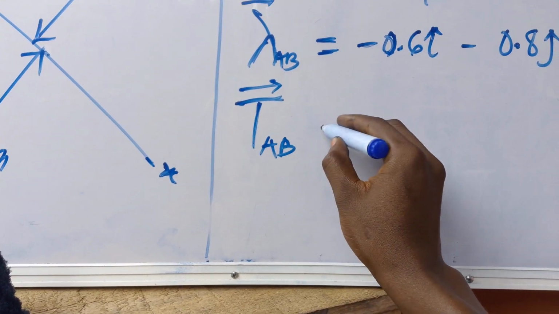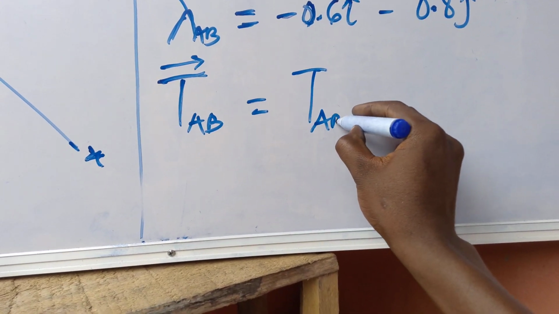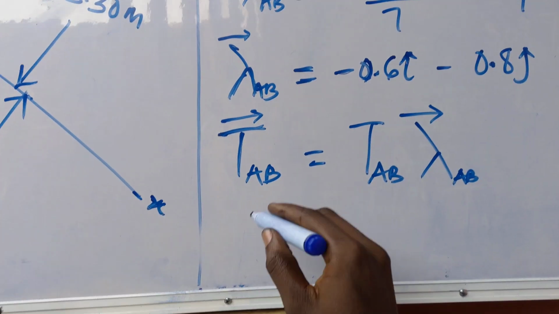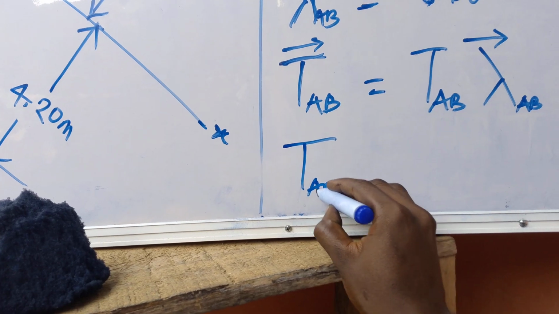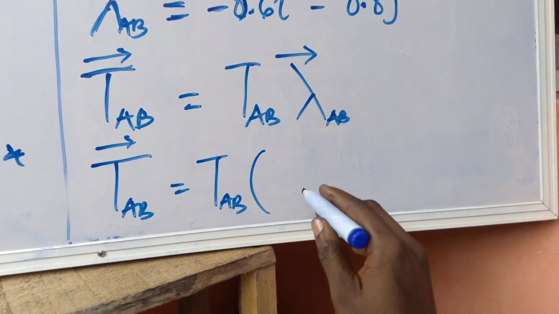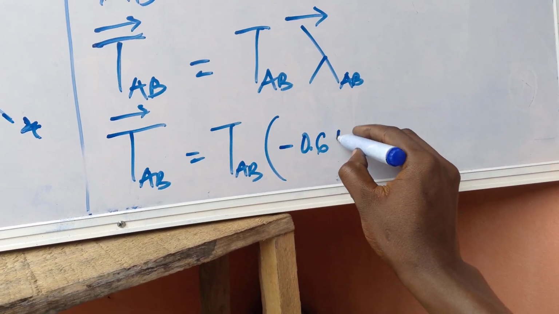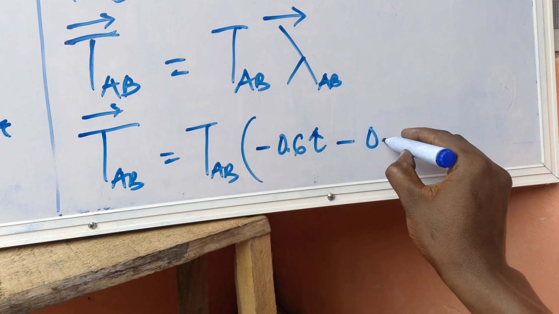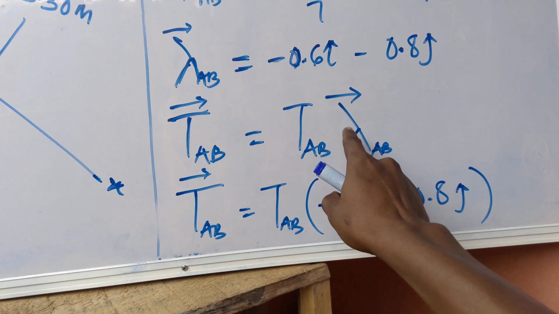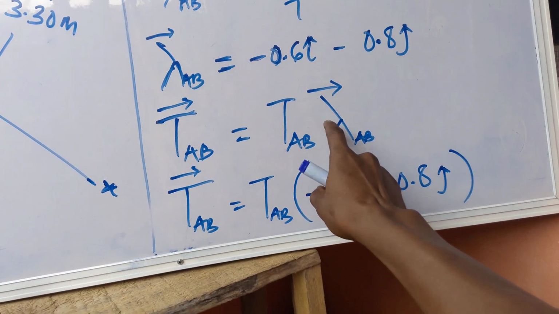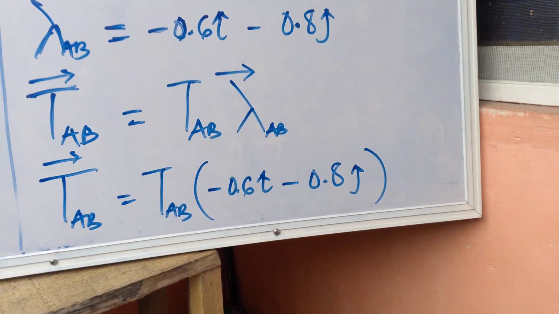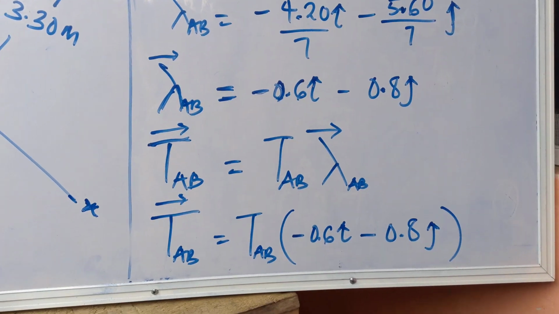Vector tension force AB is equal to the original tension force TAB times the unit vector. So the vector TAB will be equal to the original tension force times minus 0.6 I minus 0.8 J. I put the value of lambda AB inside here, then multiply it with TAB.